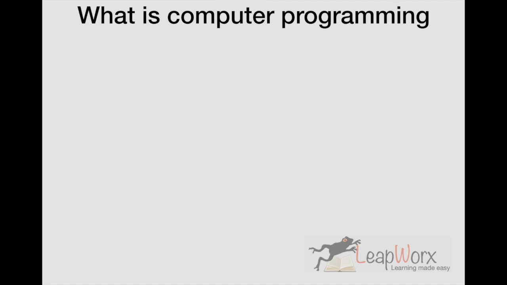So first, let's think about what computer programming is. Computer programming is a way to instruct the computer. And what does a computer do? Computers solve computing problems. It makes the user's life easy by solving all sorts of computing problems.